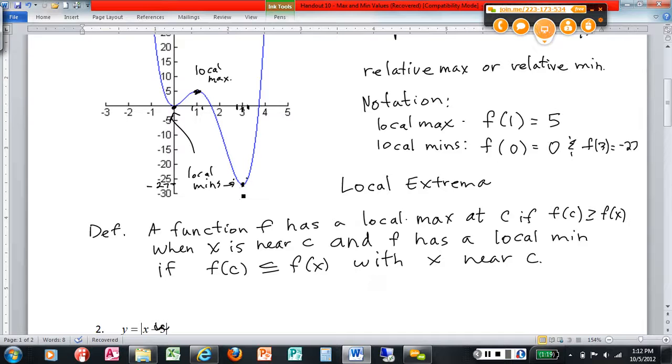Or the function value is less than the one at C. That's all that's saying. So that's definition-wise how you do it. The local max has a function value greater than or equal to the ones around it, and for a local min, the function value is less than the function values around it.